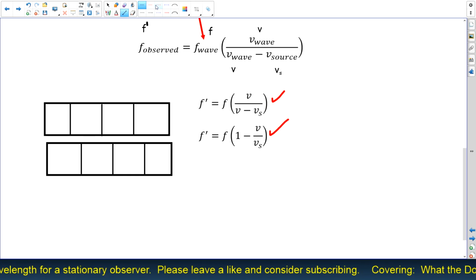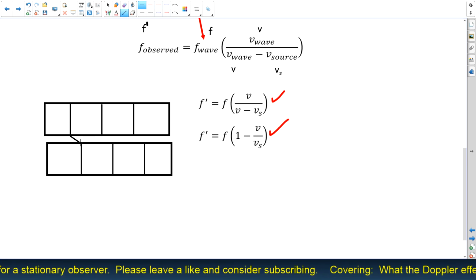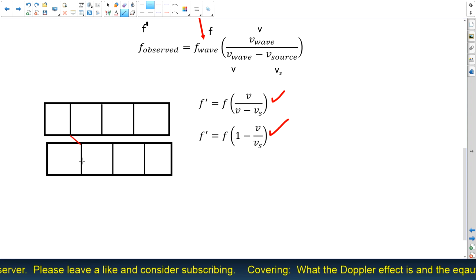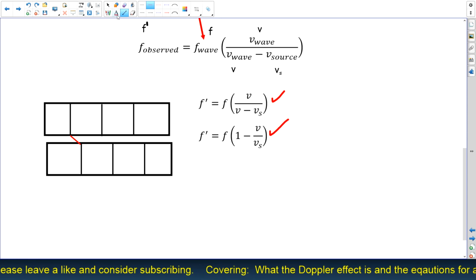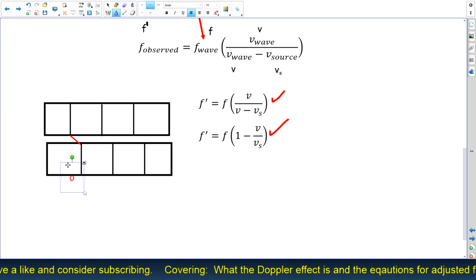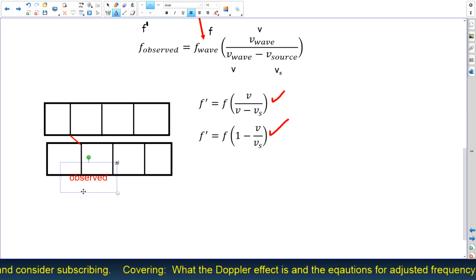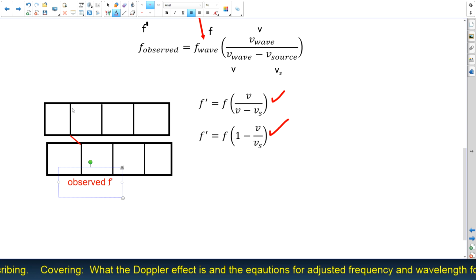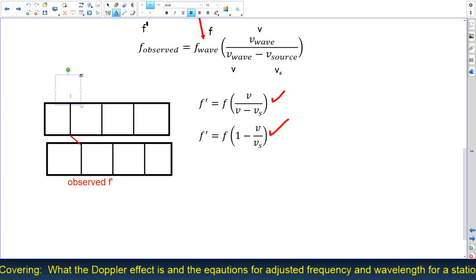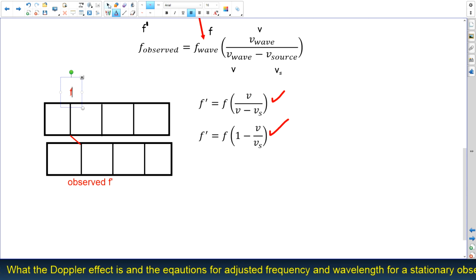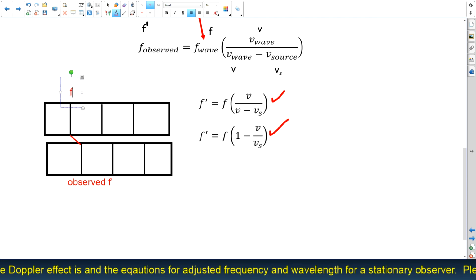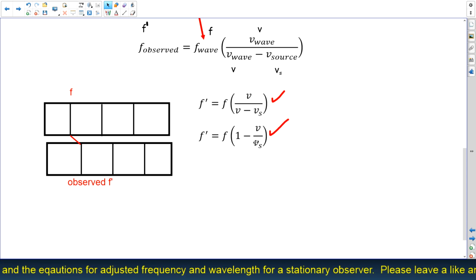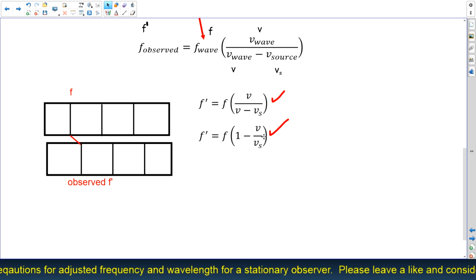But the pattern is the same, so you can find a nice average value. You can find your observed frequency, which is f prime. You've got your actual frequency, f, so we're doing quite well. We know the speed of light in a vacuum, so we've got the speed of light in there. So job's good. We would be able to find the speed the source object was moving at.